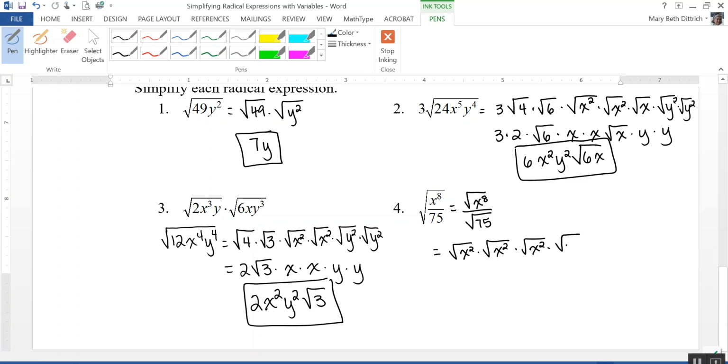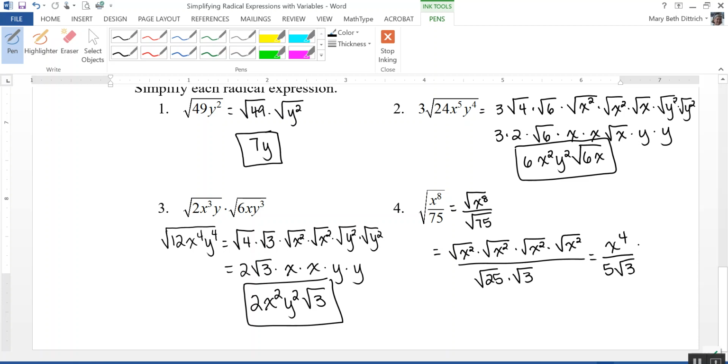If you're getting the hang of this, you don't have to write all of these out. And square root of 75 is the square root of 25 times the square root of 3. So that's going to give me x times x times x times x, which is x to the 4th, over 5. Square root of 25 is 5, square root of 3.